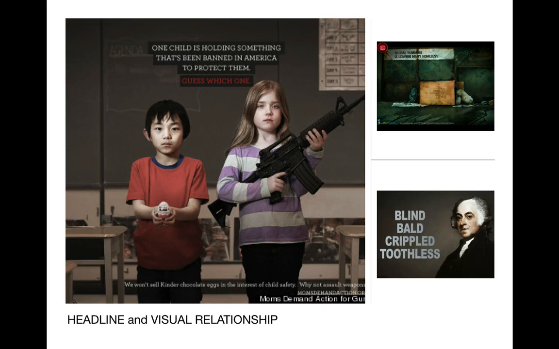And they ask you to think about and actually answer the question honestly, why is it that assault rifles have not been banned, but a Kinder Egg has? So you'll see this question where here they have an opportunity to invite you to debate and think about the answer. And they don't necessarily tell you the answer right away with the visuals, but they invite you to prod and think about it yourself.